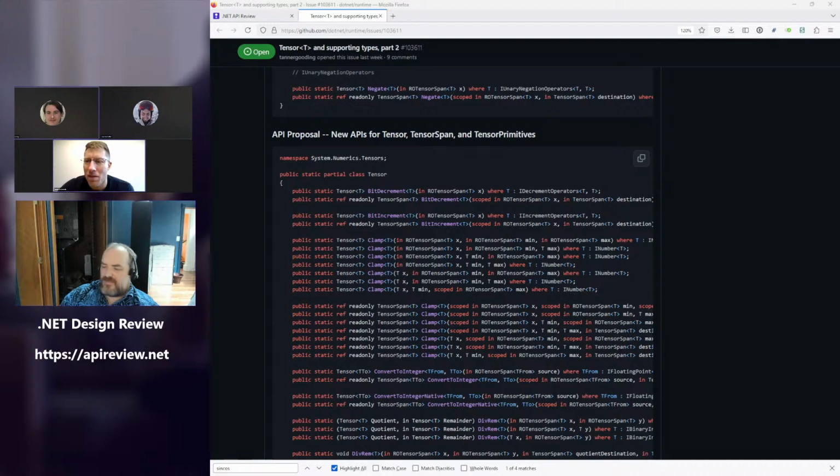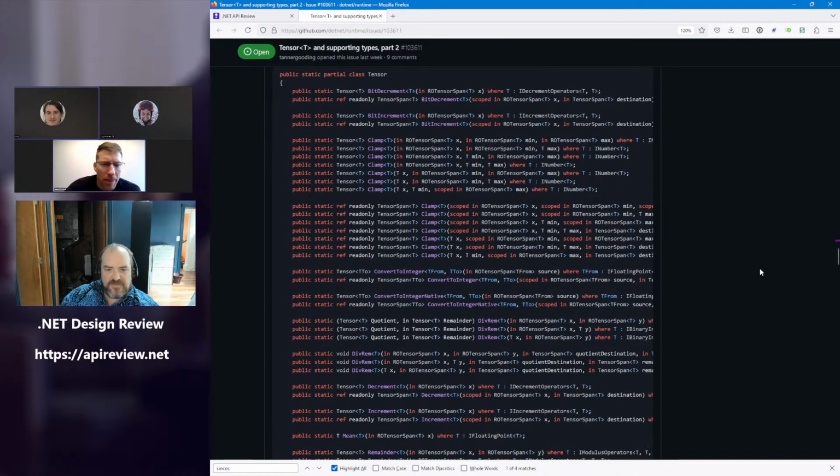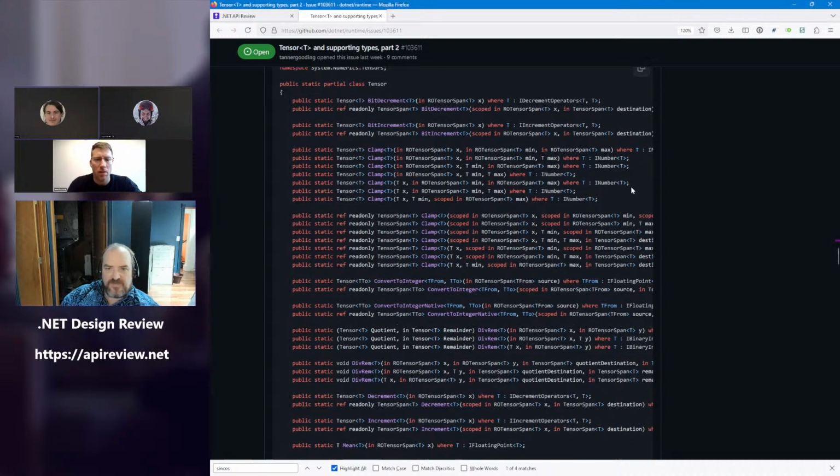We've got the convert to integer and convert to integer native. Those were new in .NET 9. We opted to normalize floating point to integer conversion behavior so that it is consistent across all platforms. And so these ones give you access to the conversion to integer, explicit conversion, does what you expect, and then here's the one that does the native behavior and therefore is fast, but is not deterministic.